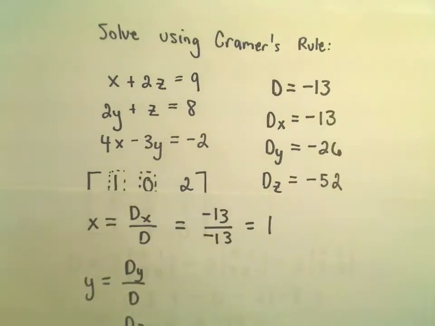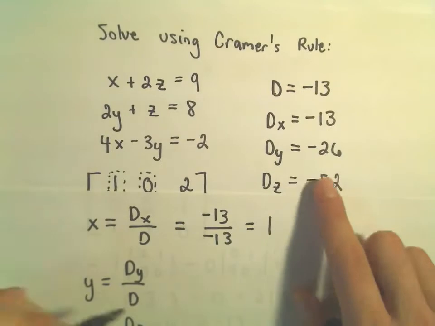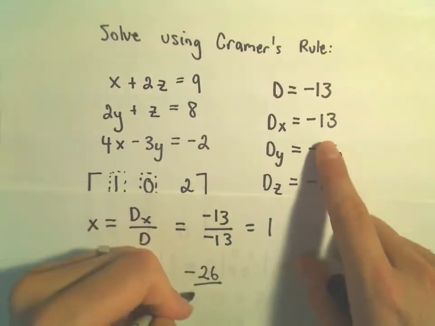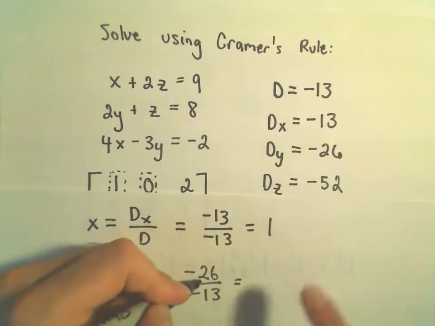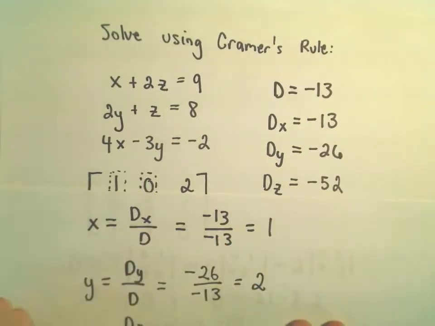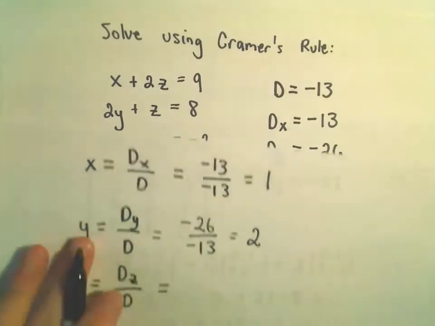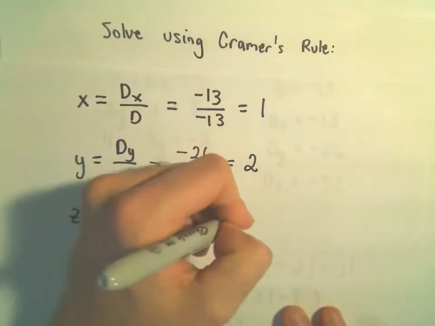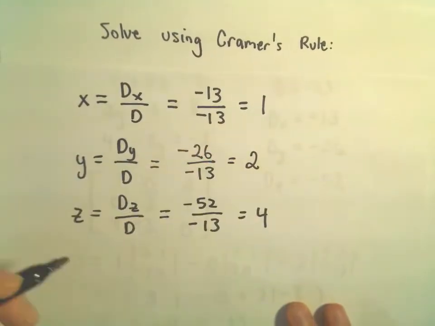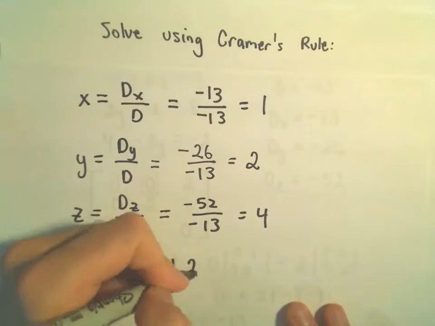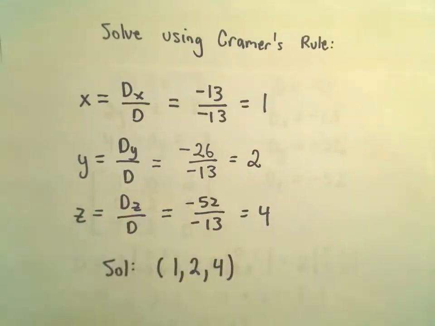That's going to give me an x value of positive 1. d sub y is negative 26, again over negative 13. So negative 26 over negative 13 is positive 2. Our d sub z value was negative 52. So negative 52 over negative 13 is positive 4. So our solution to our original system of equations is 1, 2, and 4.